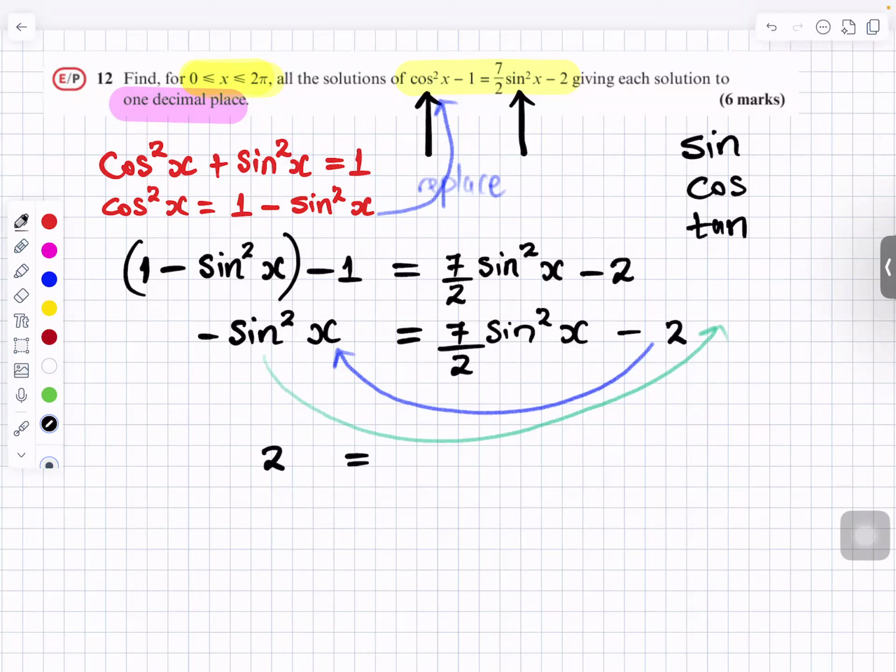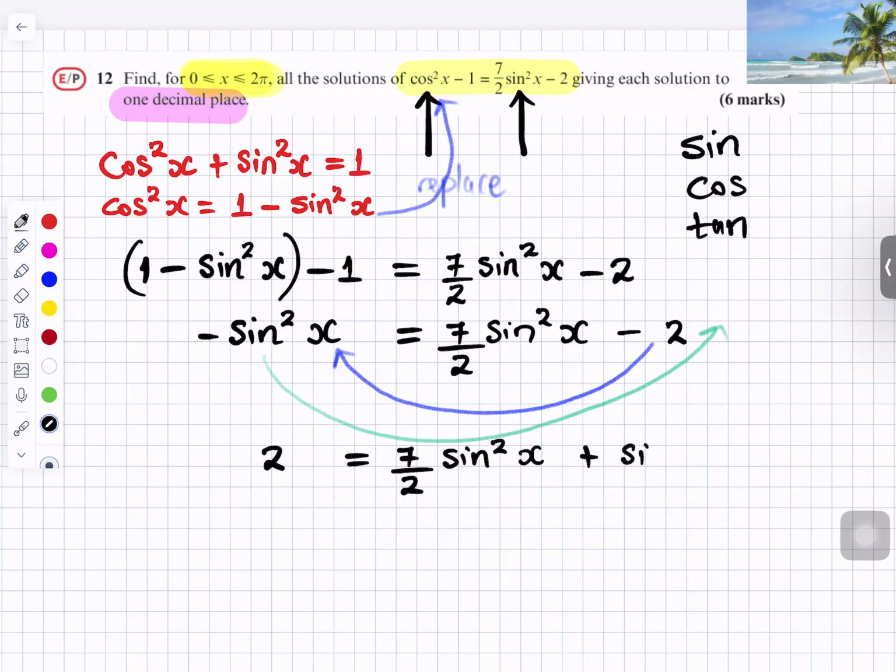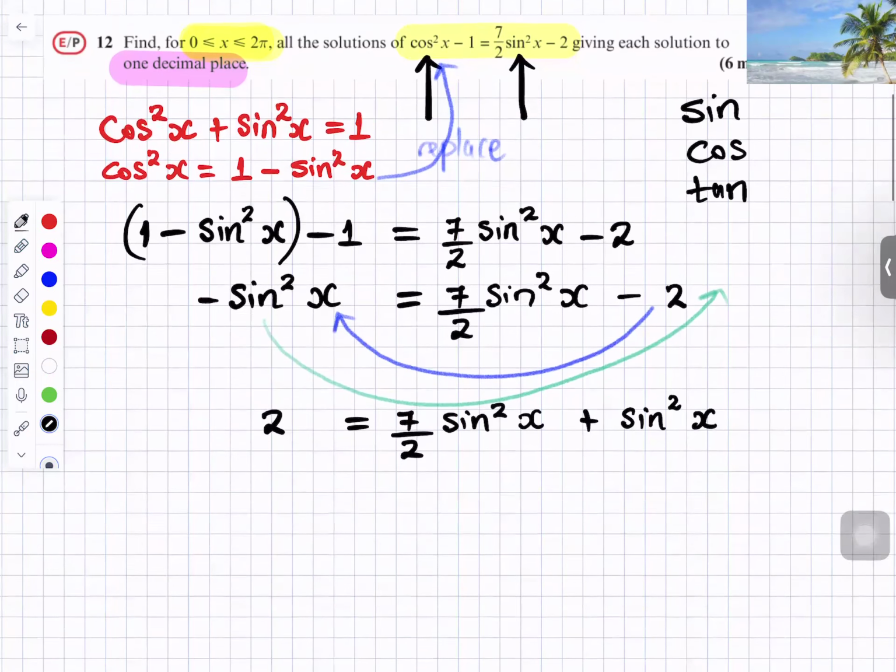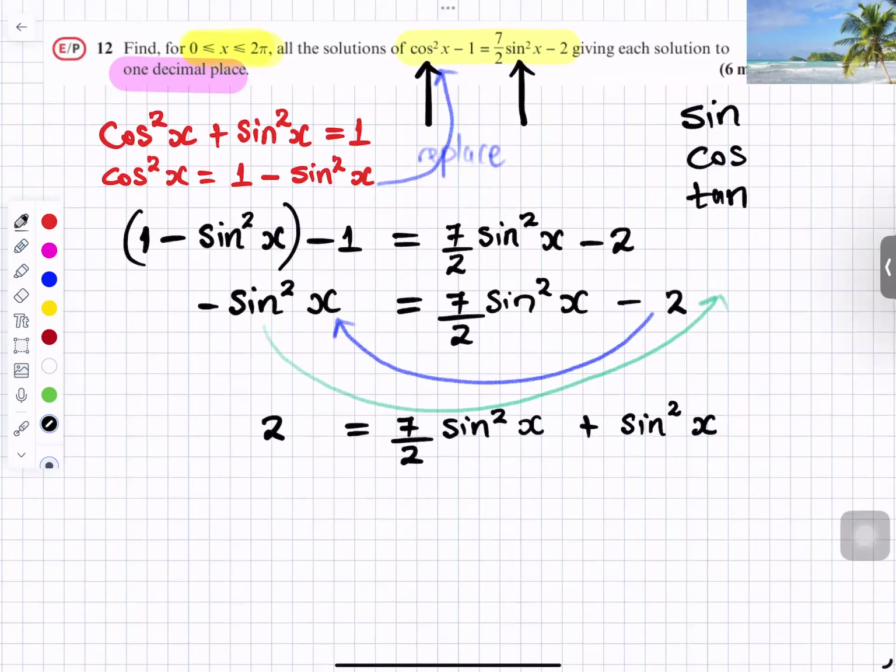And then equals 7/2 sin²x. When you take −sin² to the right, it becomes plus sin². So all I have done is just rearrange it: the number to the left, the sine squared to the right.